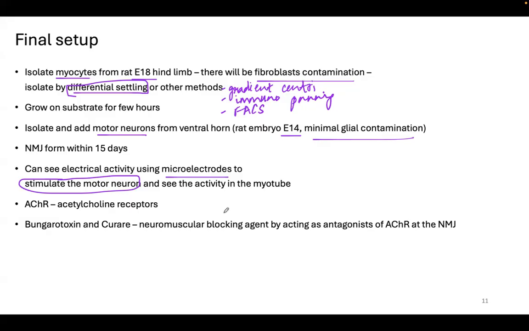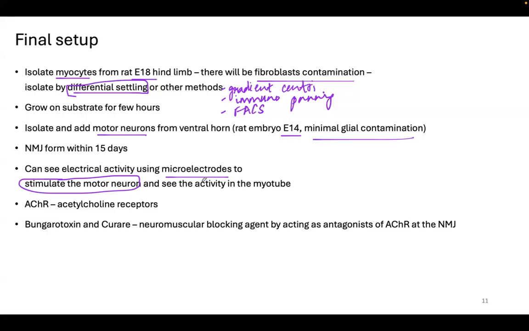When you think you have good NMJs formed, you direct the microelectrode to a motor neuron and stimulate it, and you observe contraction, as a result of which there is a deflection in your microcantilever. Theta is determined, and then that stress can be quantified.